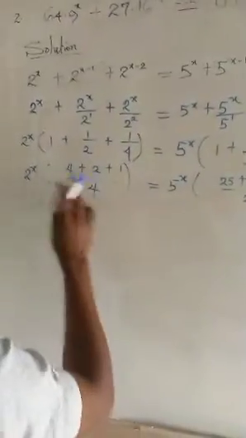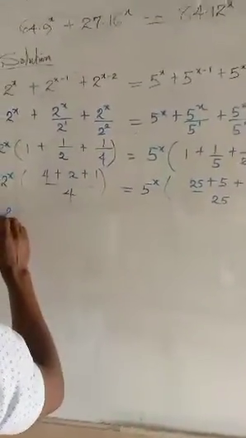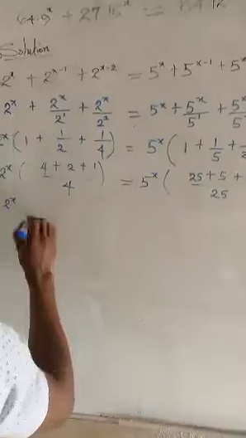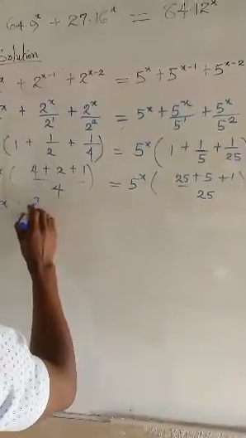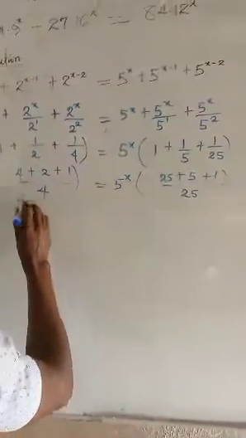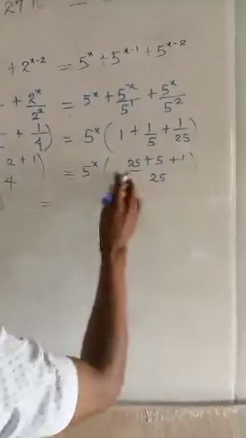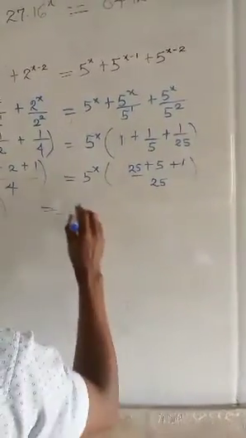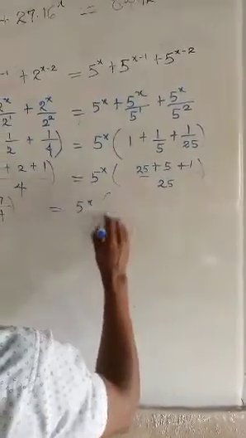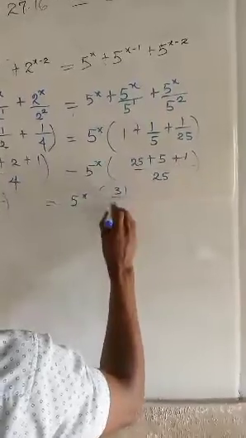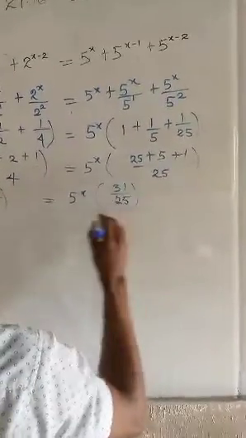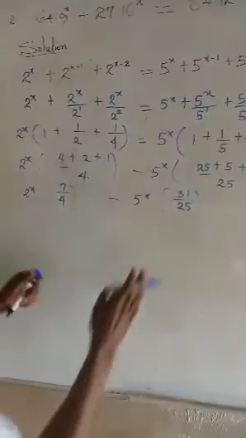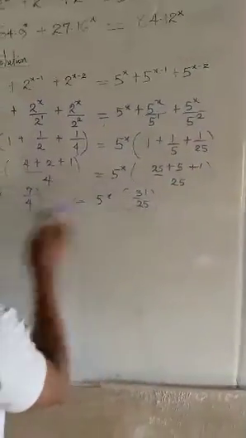So, having done this, let's sum up. We have 2 raised to power x into, this one will give us 7 all over 4. And this one will give us 31 all over 25. So let's divide this one by this and divide this one by this.